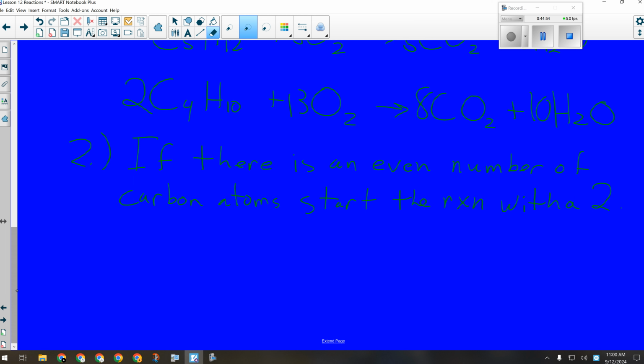If you have an even number of carbon atoms in a combustion reaction, you start with a 2, then balance in alphabetical order. Combustion reactions have 2 funny rules to make them balance. Everything else, biggest number, go from there. Everything else is easy, just biggest number, balance it first. But for combustion reactions, alphabetical, even number, start with 2.